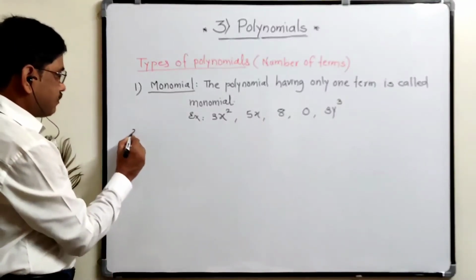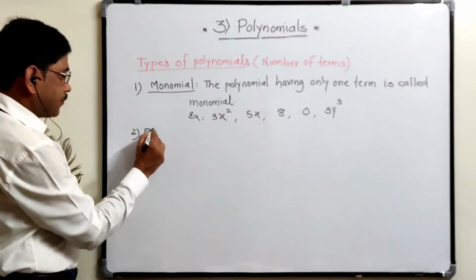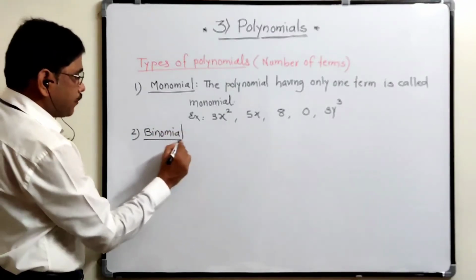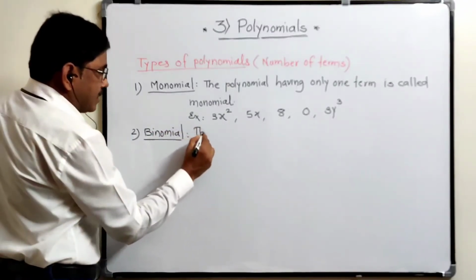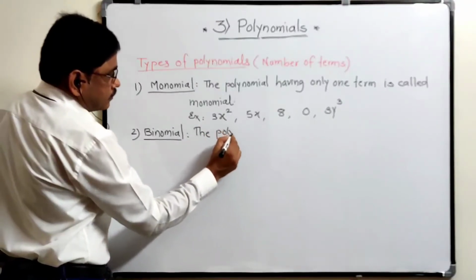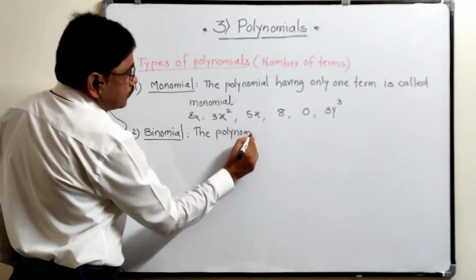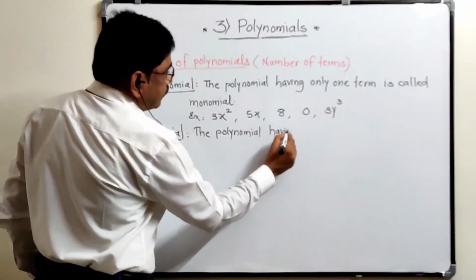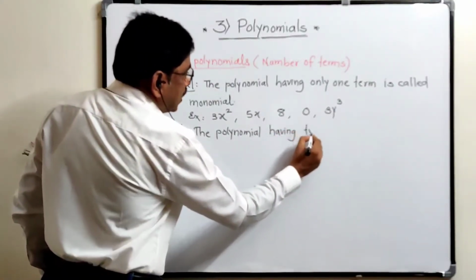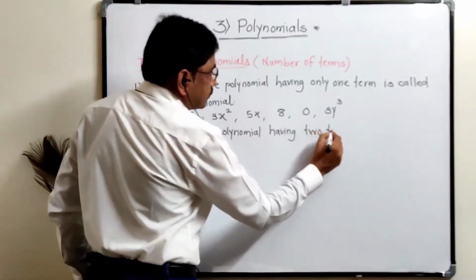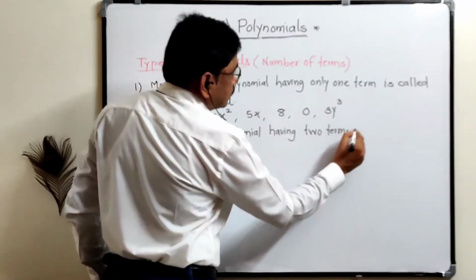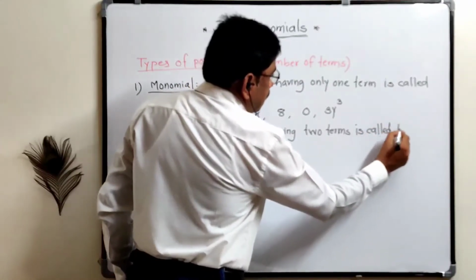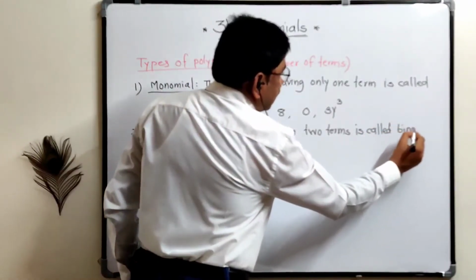Now second point is binomial. Means two terms are there. Bi means two. The polynomial having two terms is called binomial.